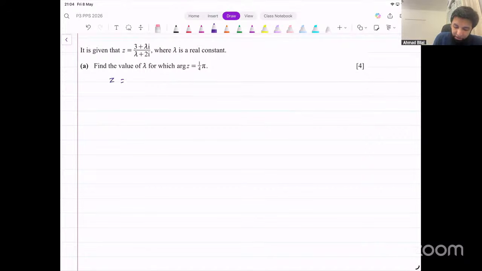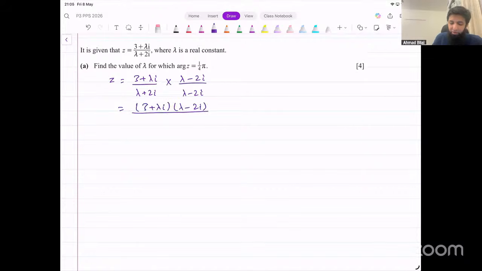We can say (3 + λi)/(λ + 2i). We can multiply and divide by the conjugate of the denominator. So multiply and divide by λ − 2i. Now, the numerator, what's that going to be? (3 + λi)(λ − 2i). In the denominator, it's (a + b)(a − b).